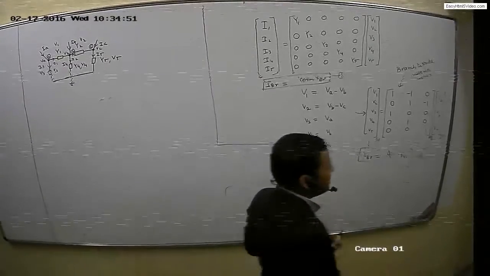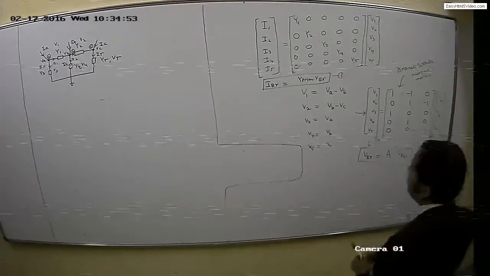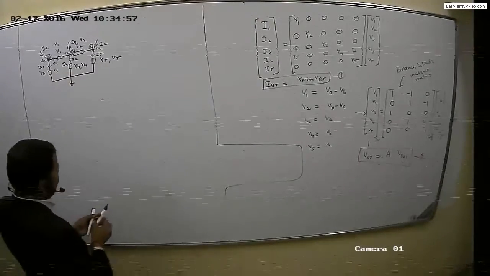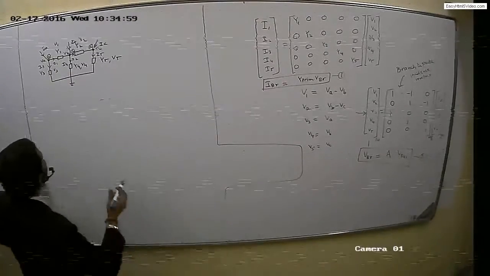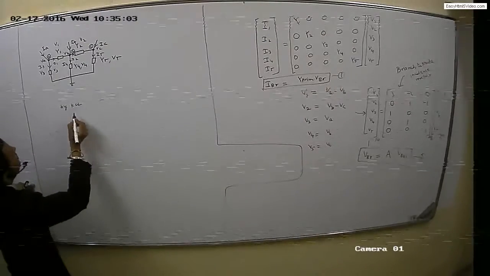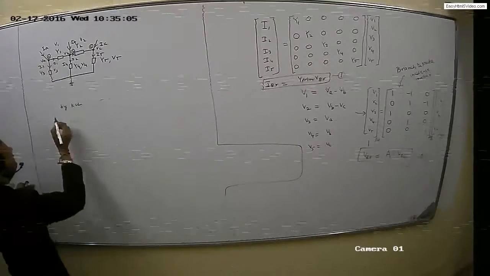Now again, by Kirchhoff current law, can I write down the equations, that is injected current in terms of these branch currents? So answer is yes. Can I write by KCL, by Kirchhoff current law, equations at node A?